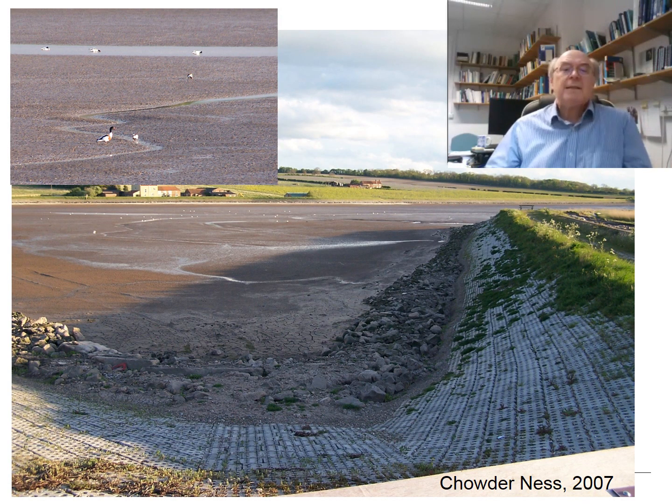This is a year later, and you see there that the aim was to create a mudflat, and a mudflat has been created there. It seems to be functioning properly. It's got shelduck feeding on the invertebrates in the mud. It seems to have the right sort of creeks. It looks like a mudflat that was lost by port development.